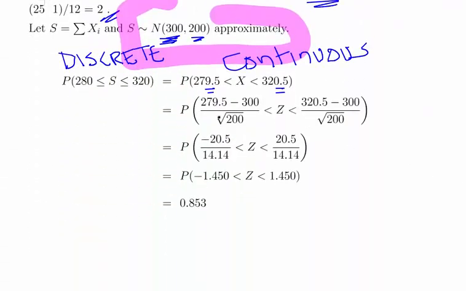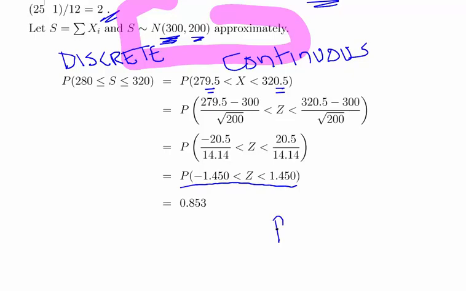Now, in this case, we get the z-score, and in both cases, the z-score should work out to be plus or minus 1.450. So once we get here, in both cases, we work out our z-score, and we get this interval here, and it's a symmetric interval.